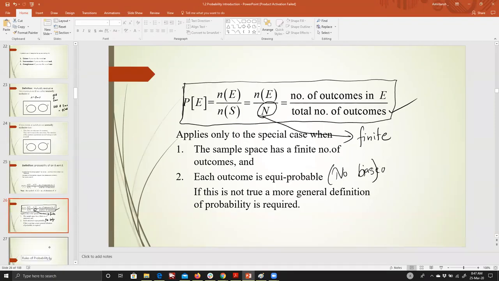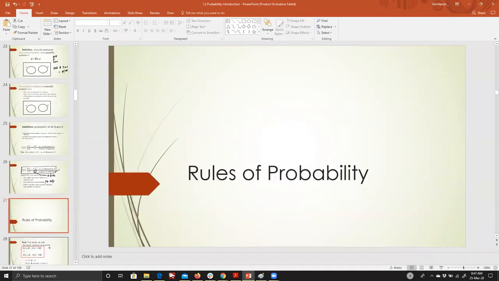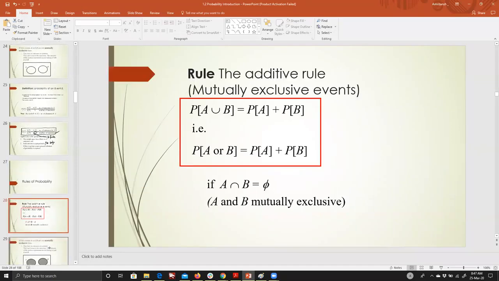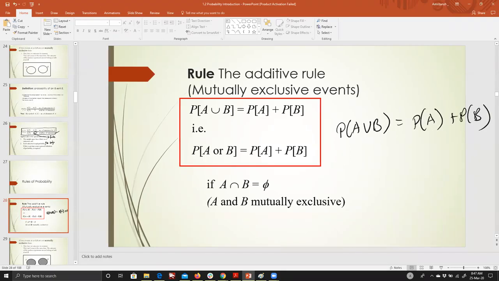Okay, let's see a few rules of probability. So how do you add in probability? If it is a mutually exclusive event, then P of A union B is P of A, probability of A, plus probability of B. How is that possible? No intersection. Very good.